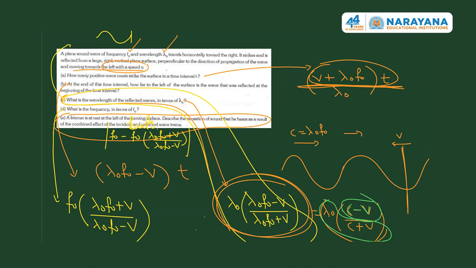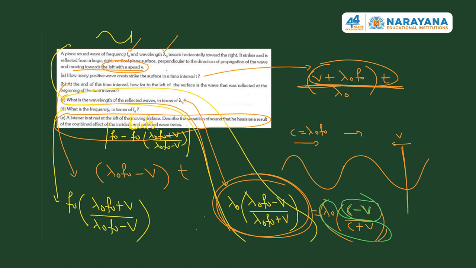Sir, could you explain that once again? I said, if an original pattern is moving, the source is at rest, the wall is at rest, the pattern, one wavelet or wave train, has a length of lambda naught. Now the wall starts moving towards me. The front of the pattern hits the wall.